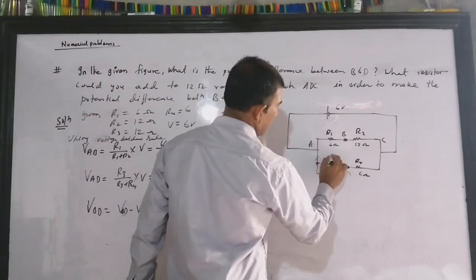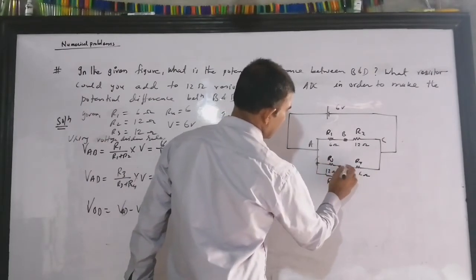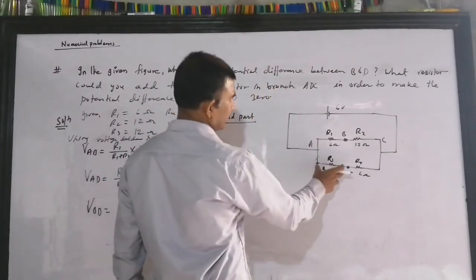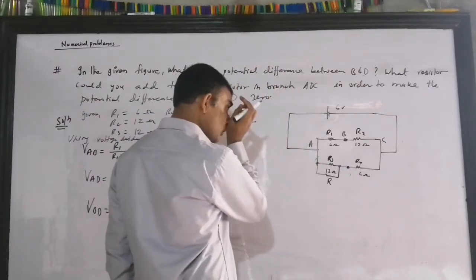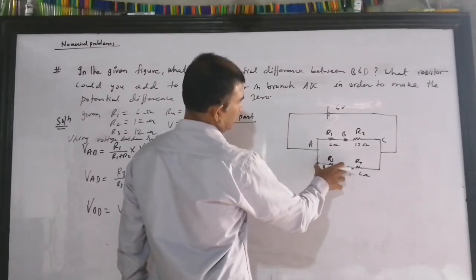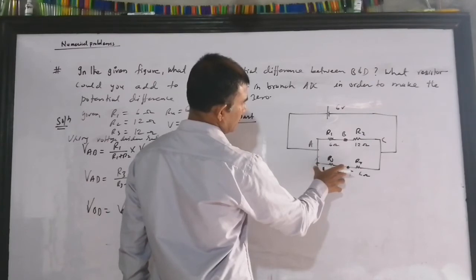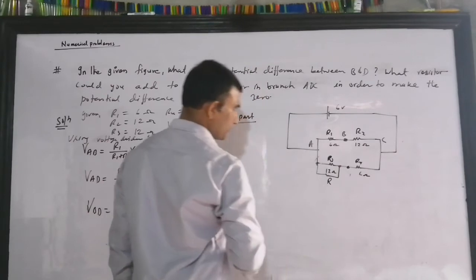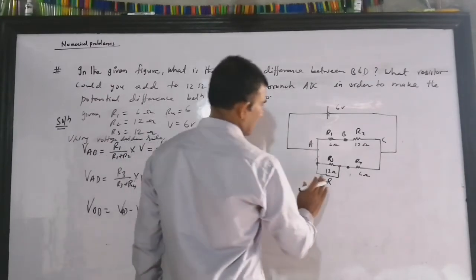Now think yourself, if I connect any resistance in series, then the resistance will be more here, and more resistance means the potential difference will be more. Right? And it already has more potential. So the only way is I have to connect some resistance here in parallel.